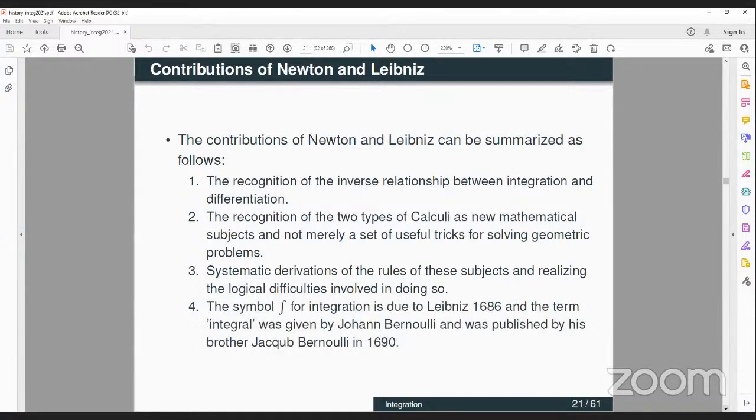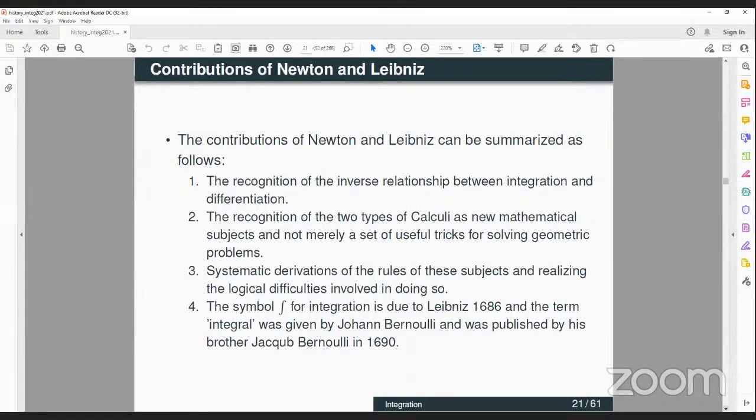The symbol of integration that we use nowadays is due to Leibniz in 1686. The term integral was given by John Bernoulli and was published in a book by his brother Jacob Bernoulli in 1690. So this is a bit of history about integration.